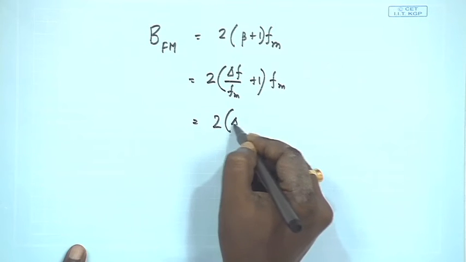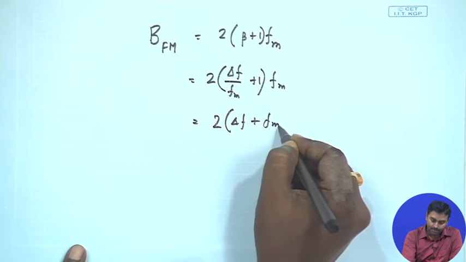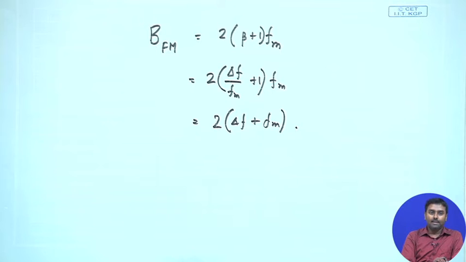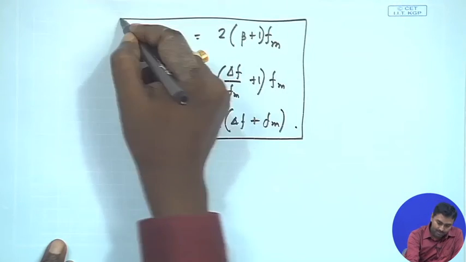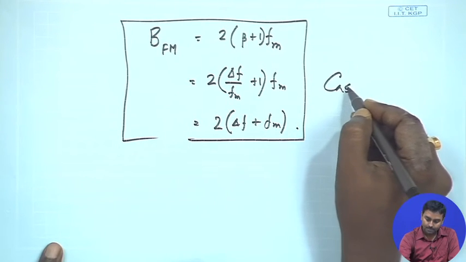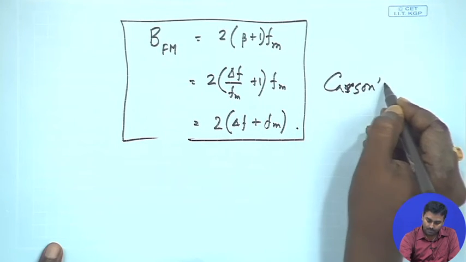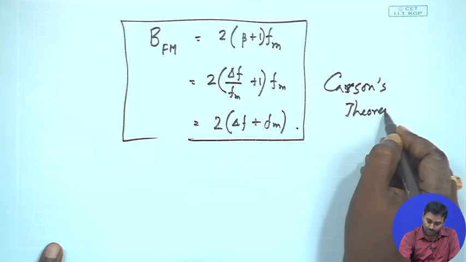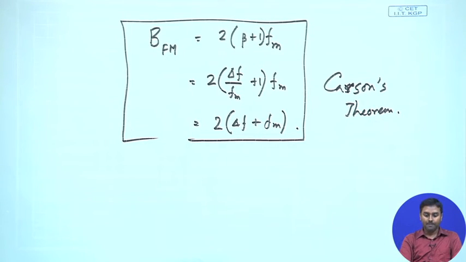Immediately what do I get? Delta f plus f_m, times 2. This is the famous Carson's theorem. So, immediately you can see for tone modulation, the overall bandwidth of FM is nothing but 2 into that delta f, which we have defined as the frequency deviation due to the FM modulation itself, plus the bandwidth.